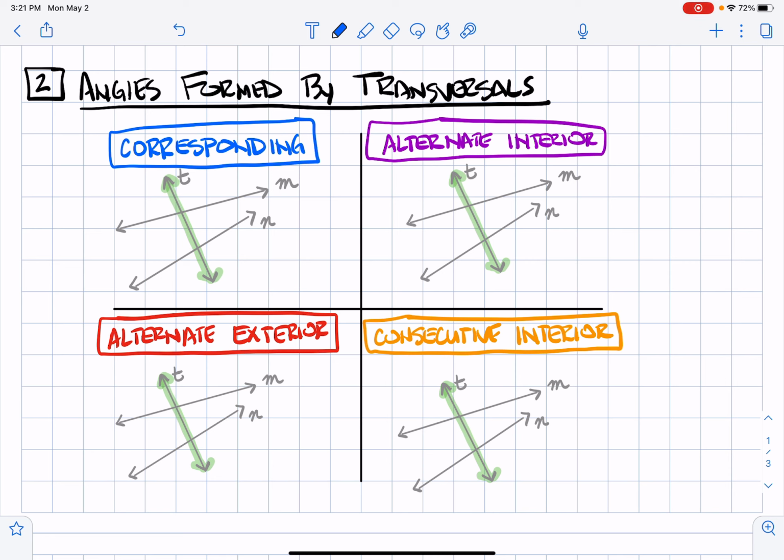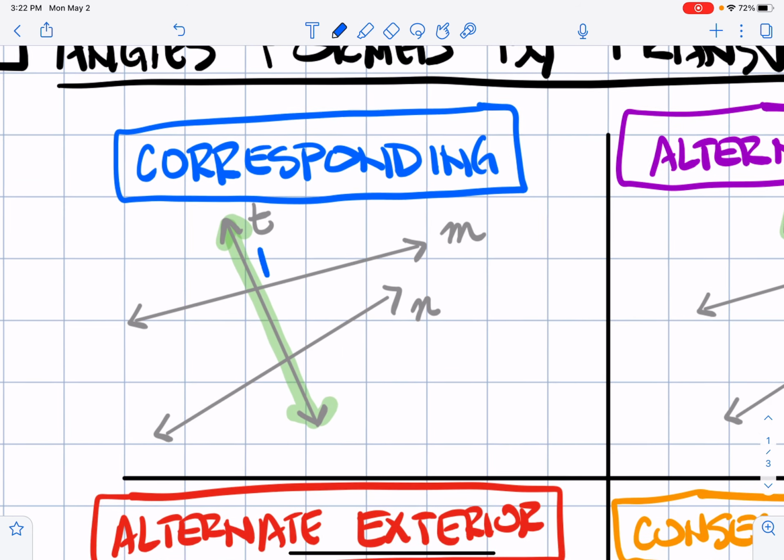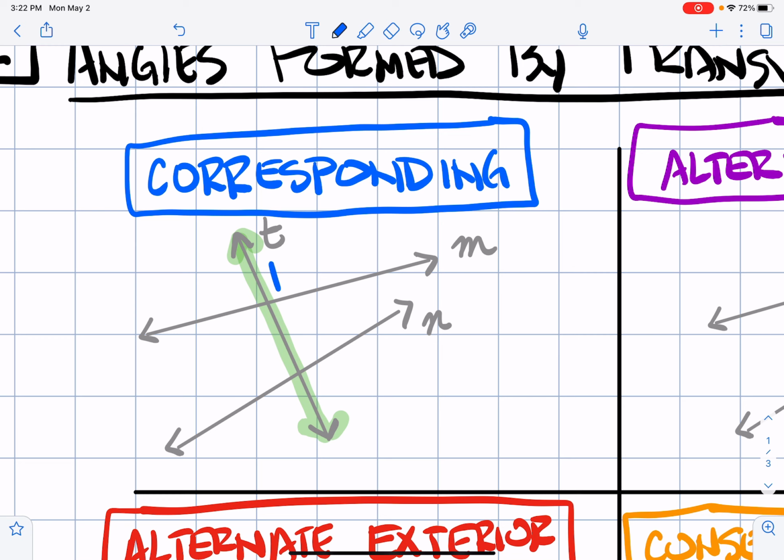So corresponding angles are angles that correspond to locations relative to the transversal. So let me give you an example, okay? If I look at this picture here, let me zoom in for you. If I call that angle 1, notice that it is, I call it the top right. It's the top end to the right.